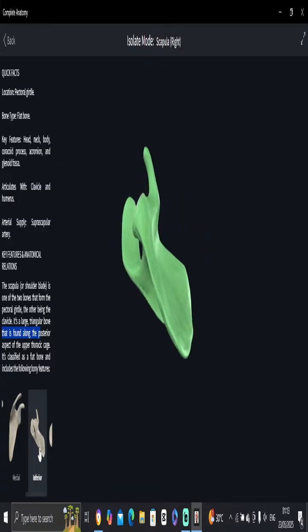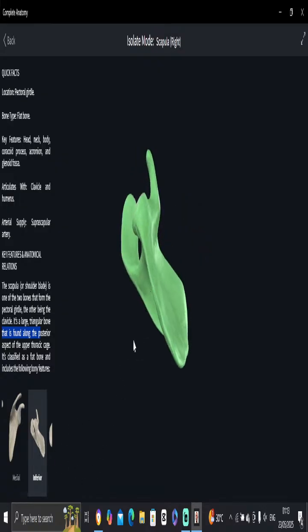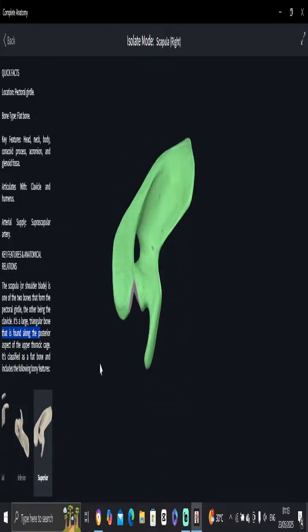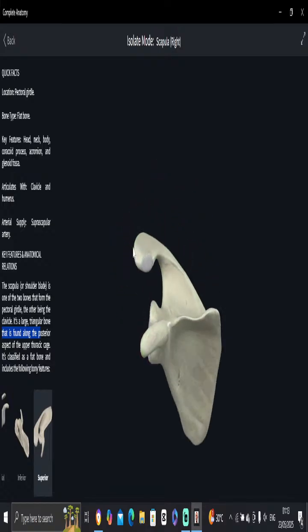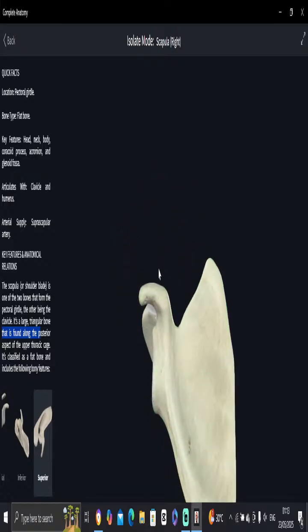Then this is the inferior aspect of the scapula, and this is the superior view. If we trace the superior border medially, just before the coracoid process, there's a depression or notch, which we'll talk about later.